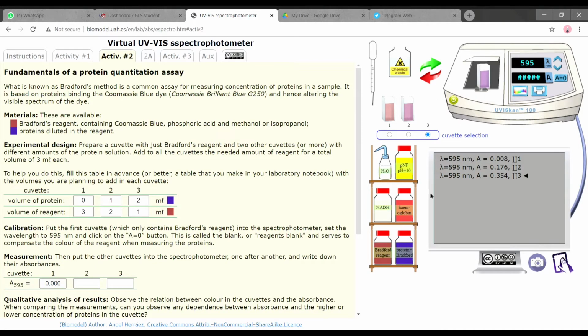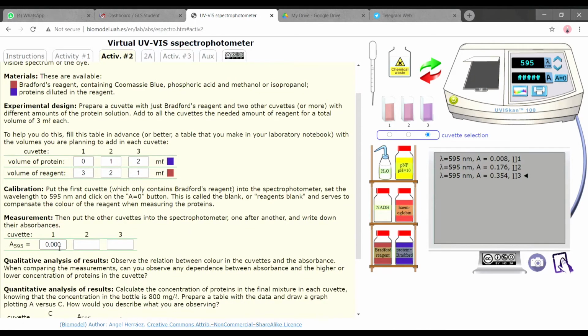So after we have recorded the absorbance, we can state the value here.